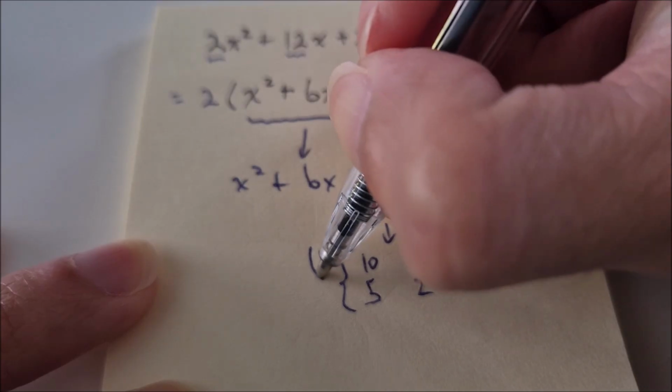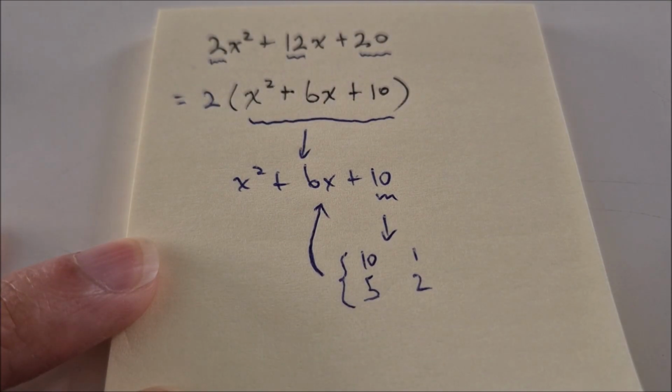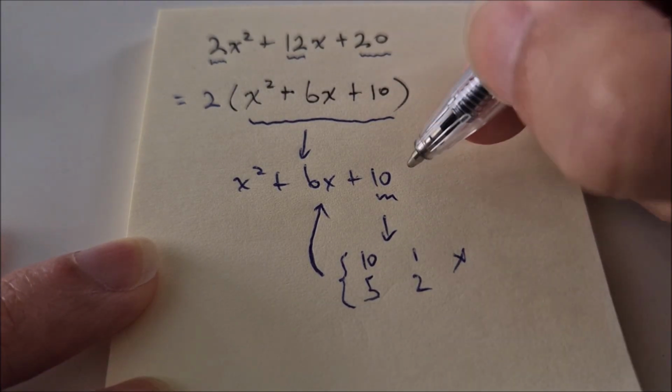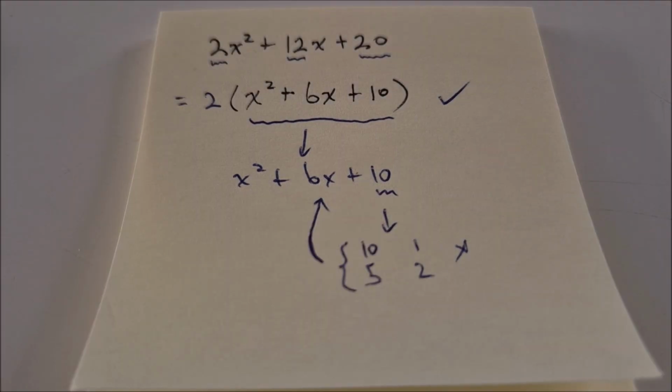None of these add to get 6. So what we do is we simply stop here. I guess this example is a great one to show that sometimes we have cases where they can't be factorized.